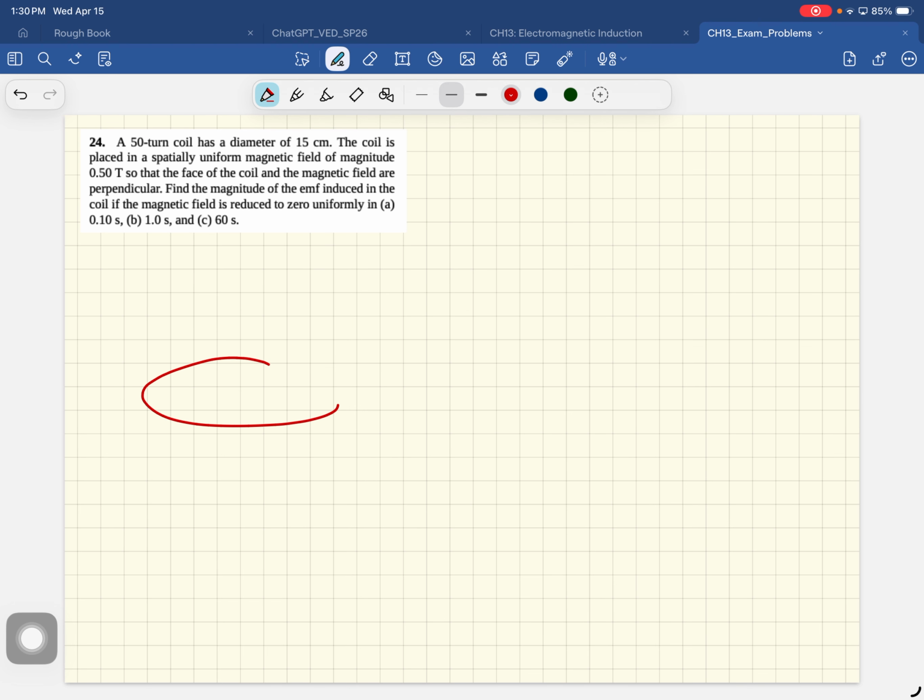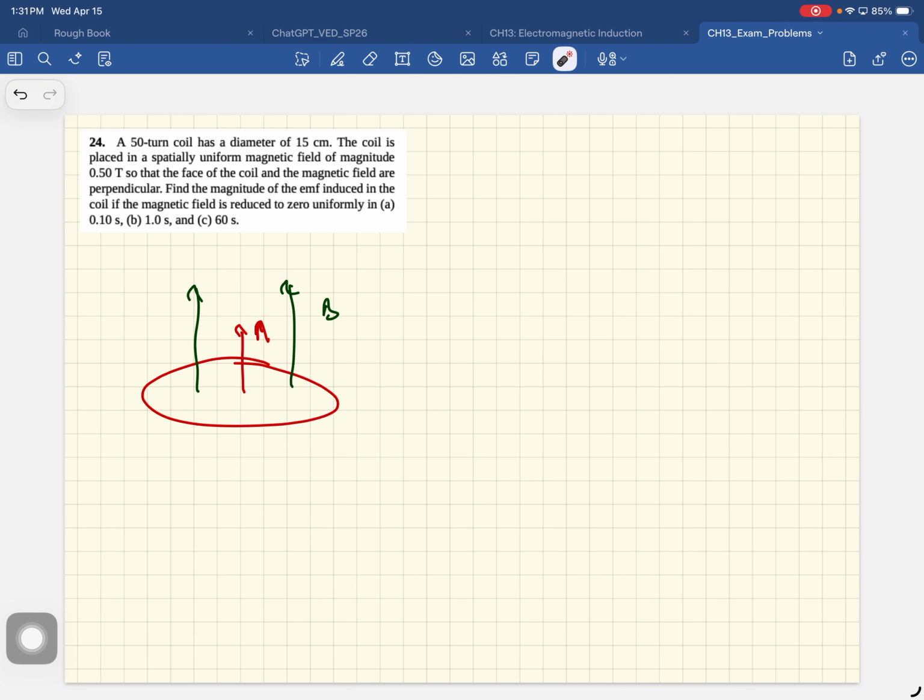And this works out to 4.42 volts. So if you reduce this fairly strong field to 0 in 0.1 second, you can induce 4.4 volts.